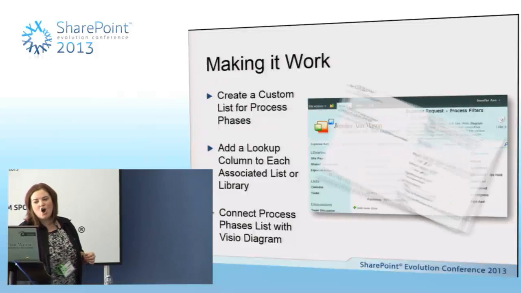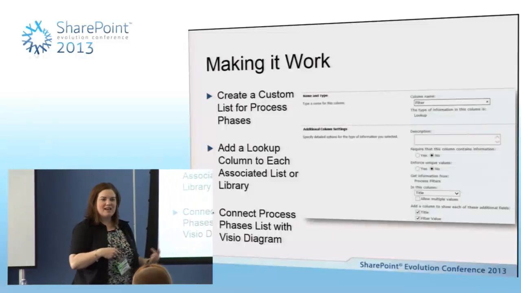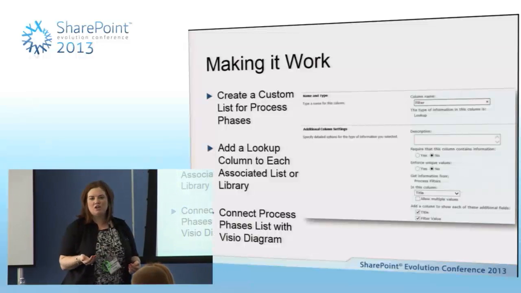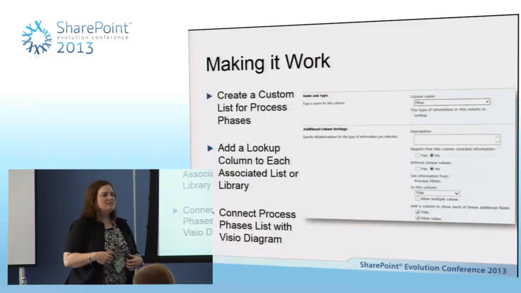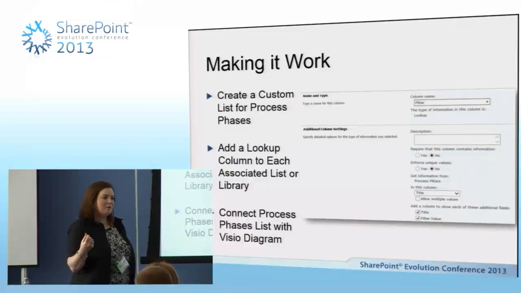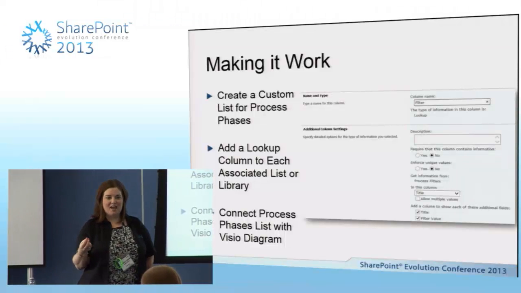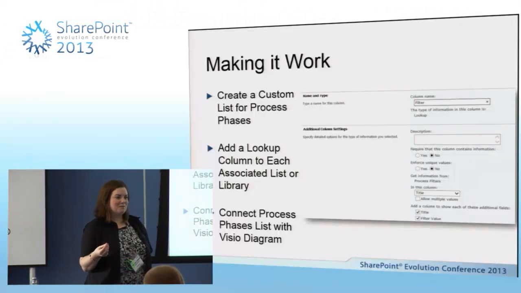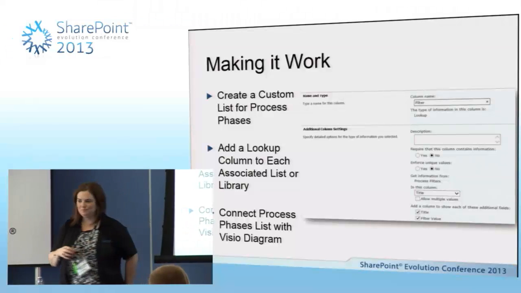I then go into all of the other lists that need to somehow be linked to that, and I create what's called a lookup column. So I do a lookup column to that same value. Let's say I had templates that I wanted to display. I would go into the templates library, add a lookup column to the phases list that I just created, and then whenever I added a new template, I would say, what phase is this template associated with? Because then when they click on the phase, it's going to just show that template.